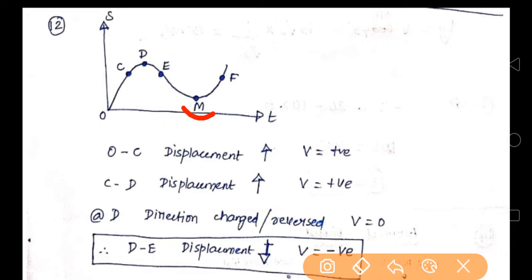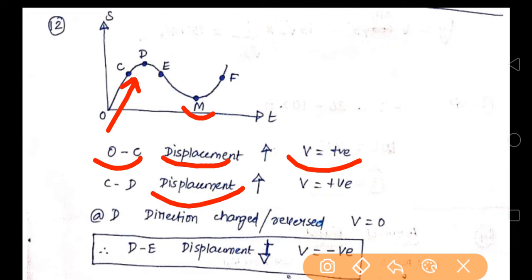From 0 to C, what happens? Displacement increases. Assume velocity to be positive. From C to D, displacement further increases, so velocity maintains its positive value. At point D, the displacement starts decreasing.